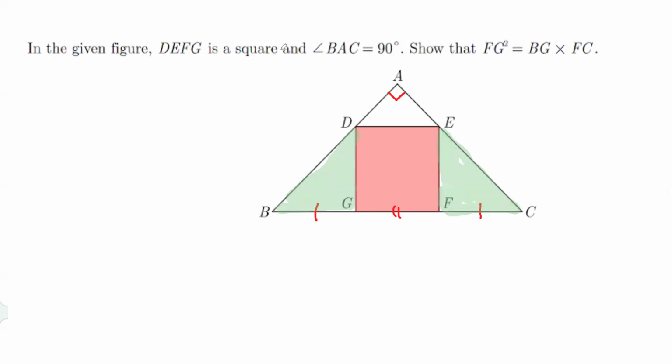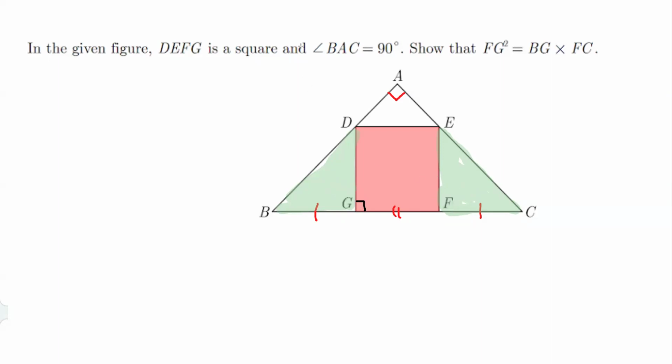Now, the idea which we are going to apply here: number one, we know that a square has each angle as 90 degrees. So this angle is 90 degrees, and by property, this also is 90 degrees. Similarly, here this as well as this angle will be 90 degrees.